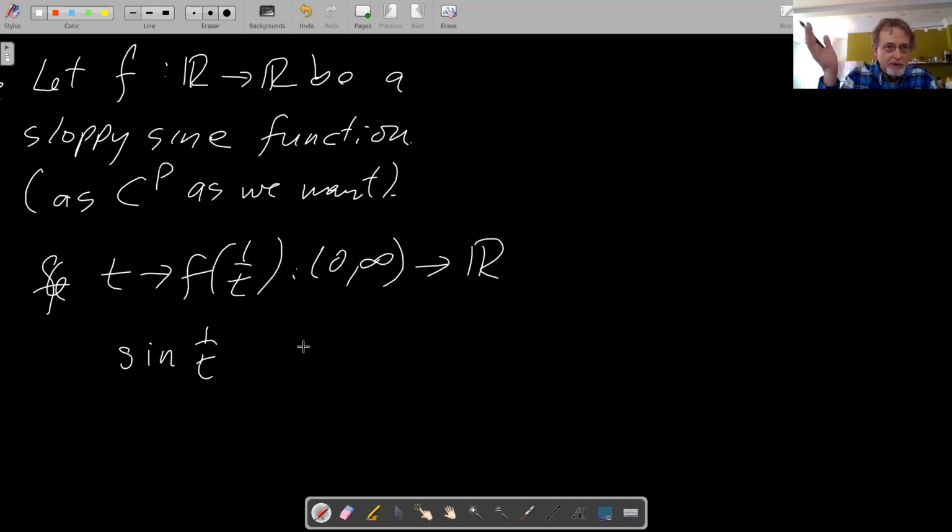As I say, there could always be an exception to a rule, but these wouldn't necessarily be periodic in any sort of way whatsoever. They can be, and then of course their derivatives, as C^p as we want, then the derivatives would all have to be there as well.